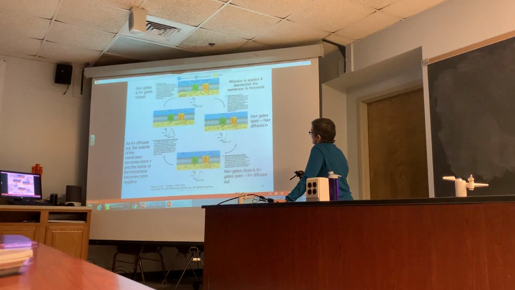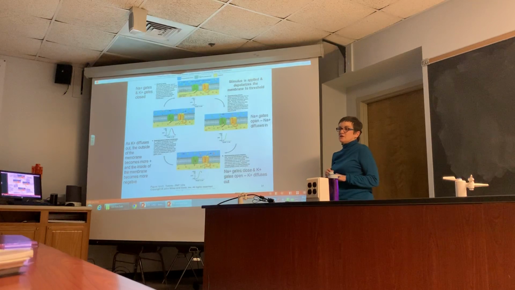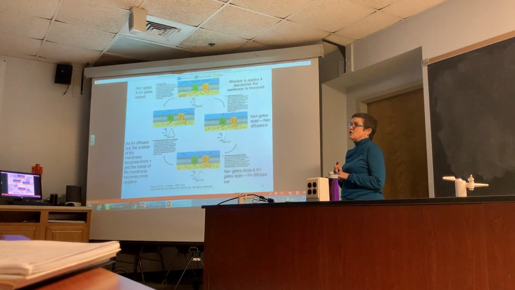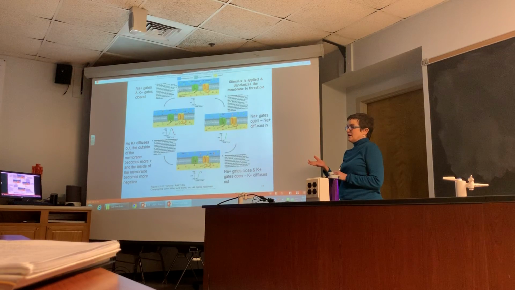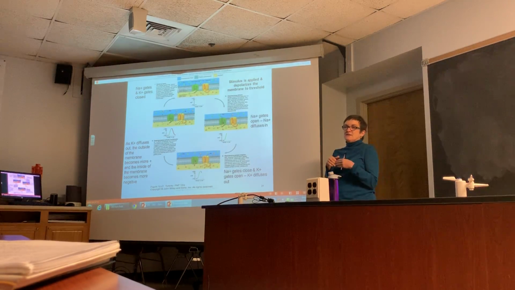But an action potential is generated not by ligand gated or mechanically gated channels, but instead by what we call voltage gated channels. Voltage gated channels are opened by a certain amount of voltage in the membrane. Anything less than negative 55 is not the proper voltage to open these gates.